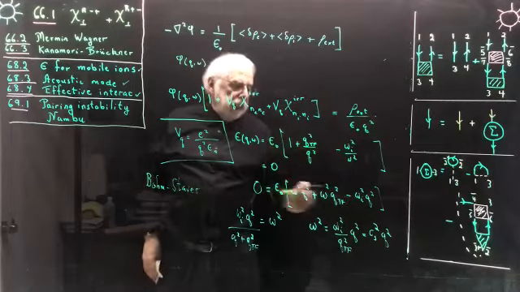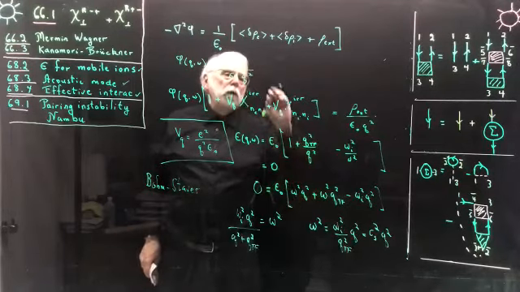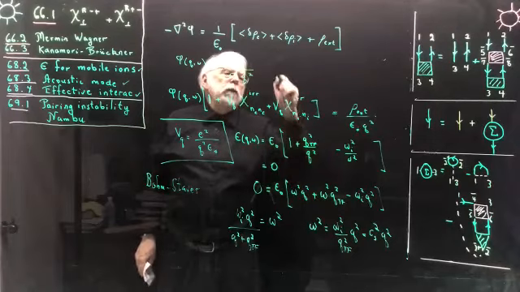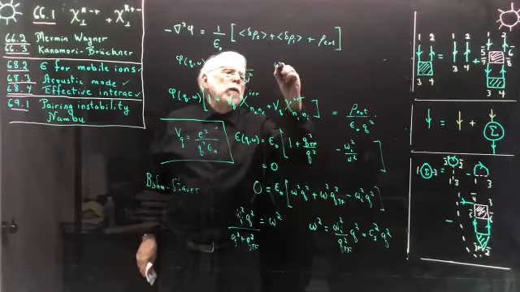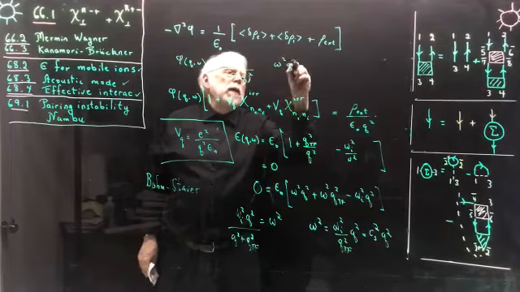Now let me do the same thing I just did. I multiply numerator and denominator by omega squared q squared. So in the numerator, I have omega squared q squared.